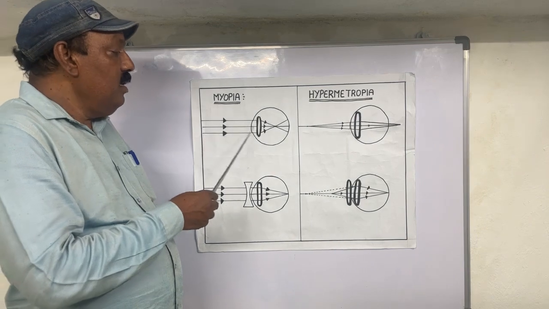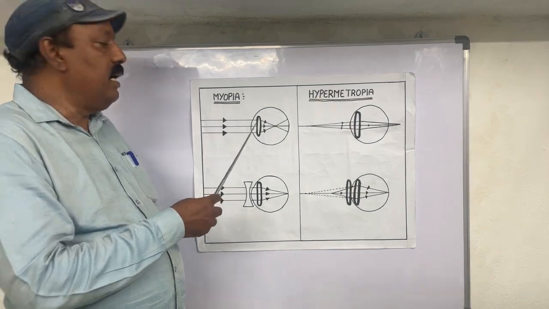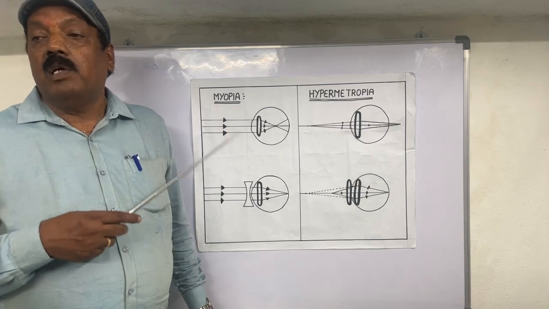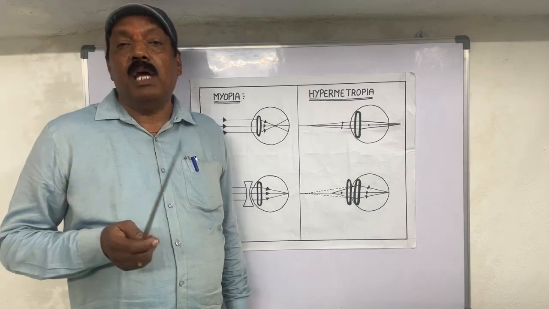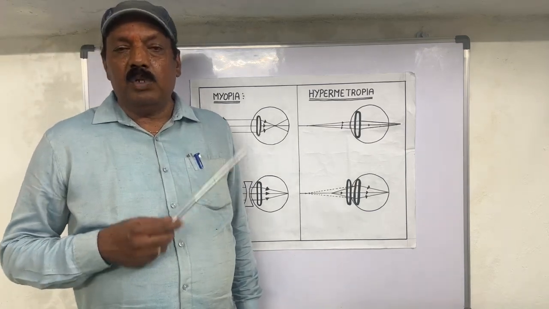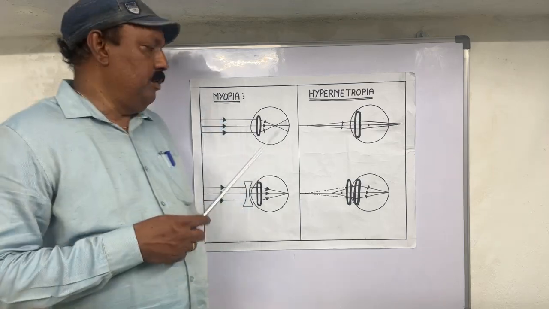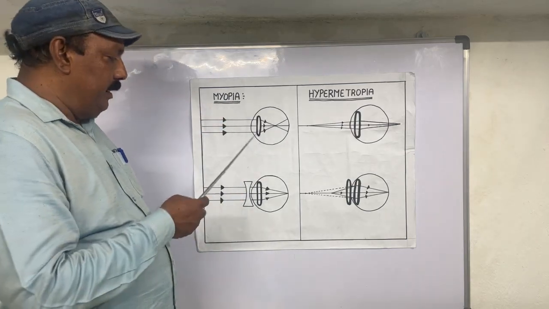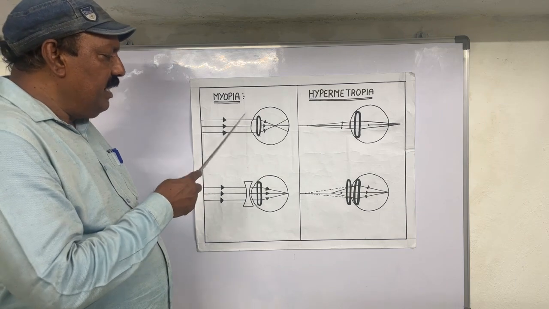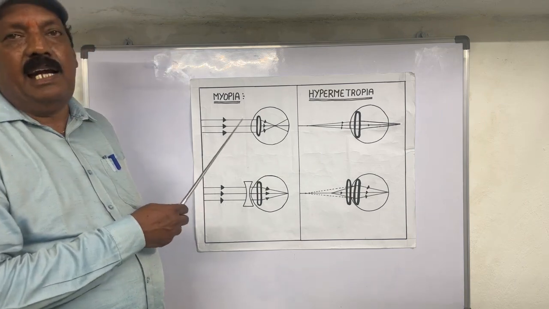So here we want to see the far ones, for example when you are listening to the class, the board has to appear very clearly. Most of the students are going to have this kind of defect, and it should be corrected.